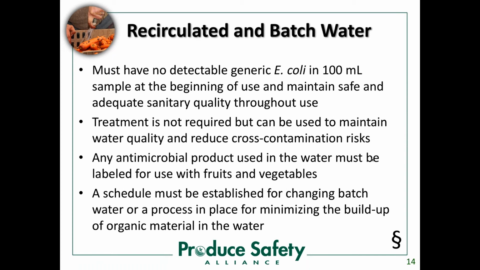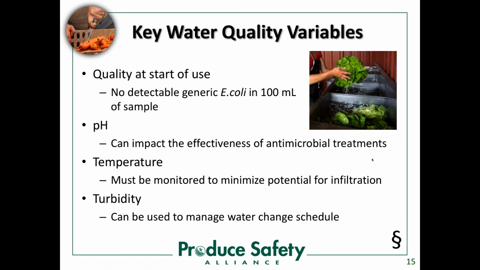So, the more of this rubbish and turbidity that builds up in your water, the less effective your sanitizer. So not only do you get contamination, but you get decreased effectiveness of your sanitizers. And turbidity really, particularly if you're using an organic-based sanitizer, can really be a problem. Chlorine-based or something like that, you can get some hazardous gases that are given off. So you need to really develop a system so that you have a schedule for changing your batch water.